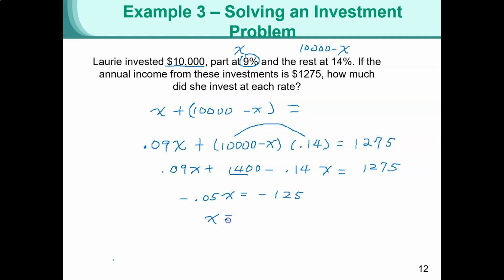Divide by negative 0.05 on both sides. We get 2,500. So that means she invests 2,500 into the 9%. This will be the 9% portion. And she invests 7,500 into the 14% investment.